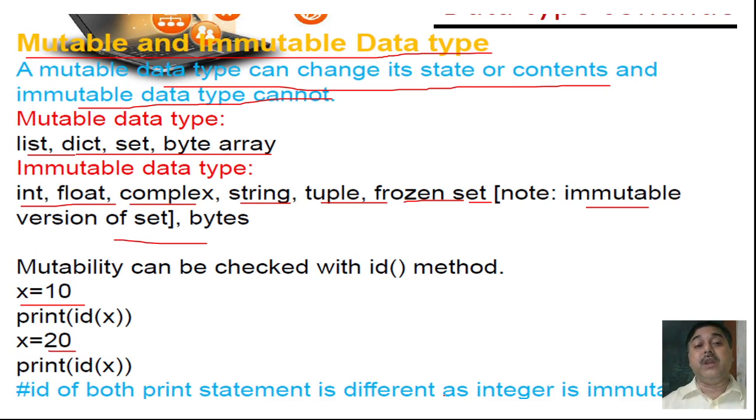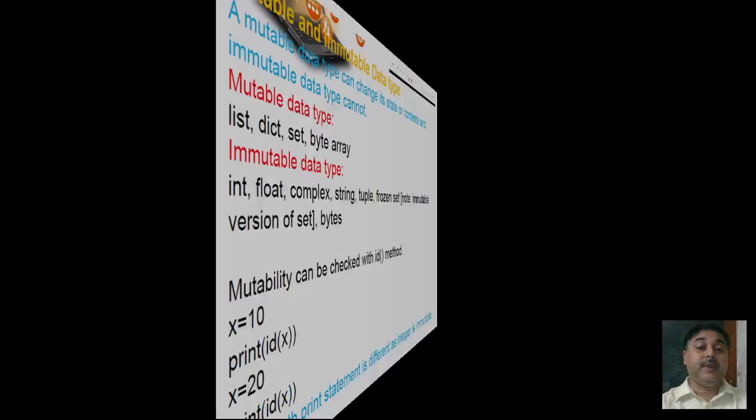Each of these areas has its particular pattern of data type. Clear? So this is how you can find which are mutable and which are immutable.